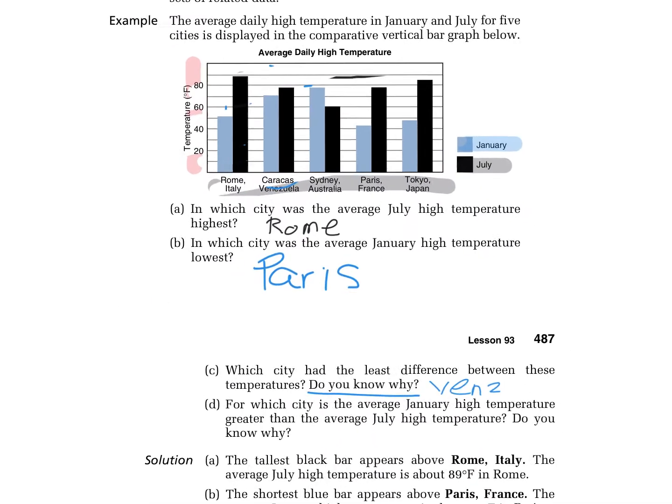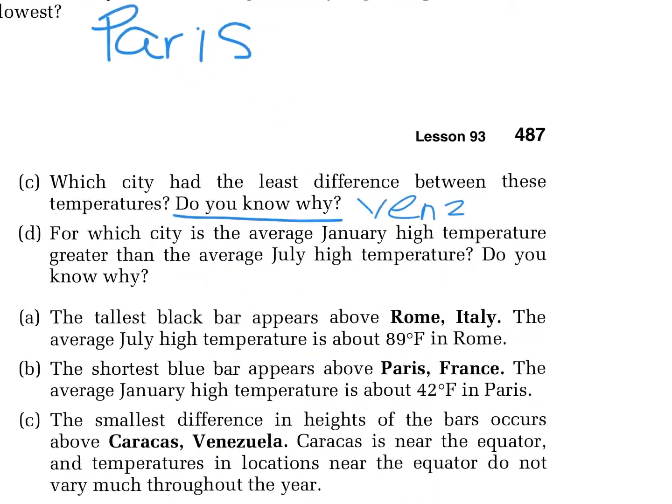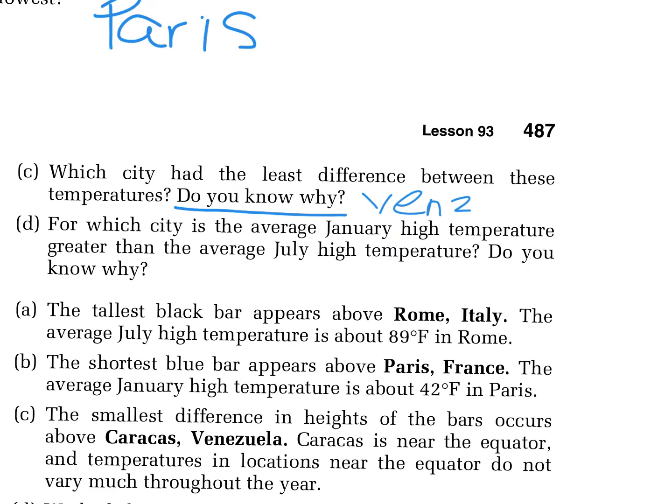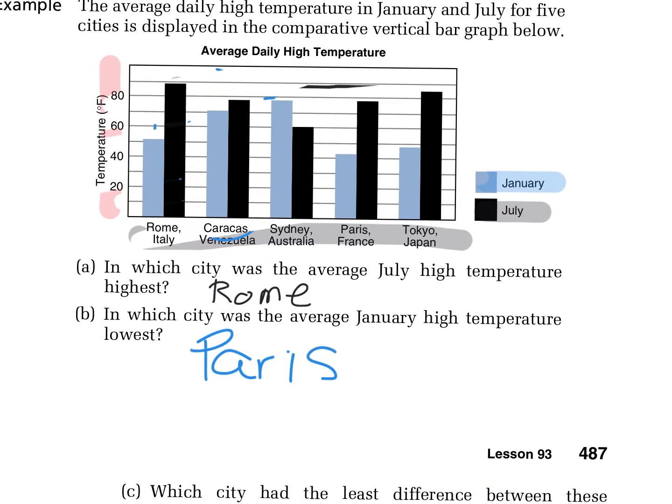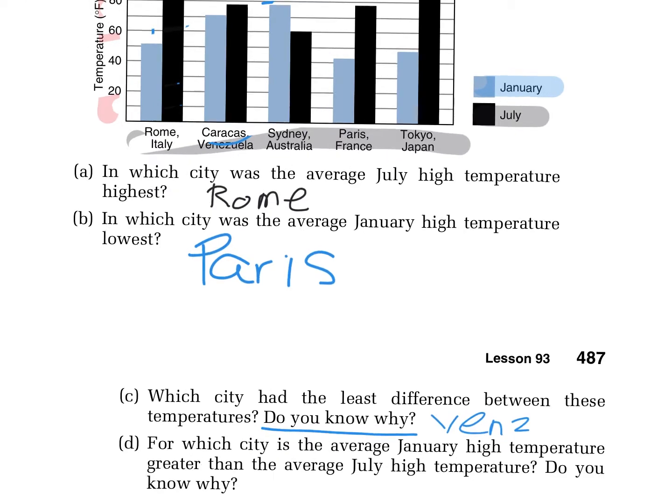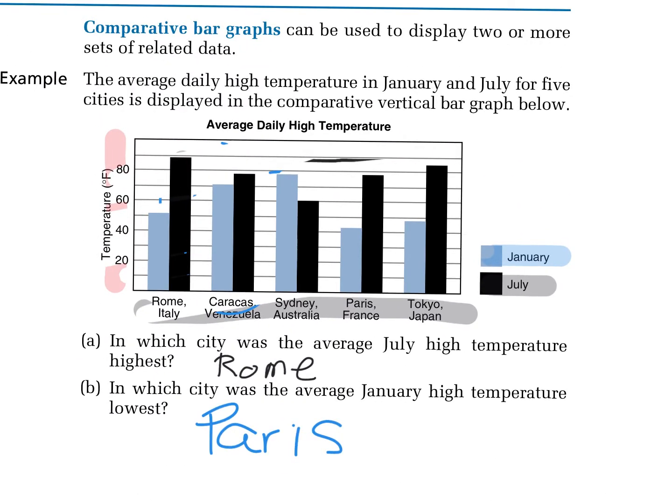All right, so next, the last one says, for which city is the average January high temperature greater than the July? So we're looking for the one that has the average January high greater than July. So let's see. I'm looking at Rome. July has the greater, so it wouldn't be Rome.